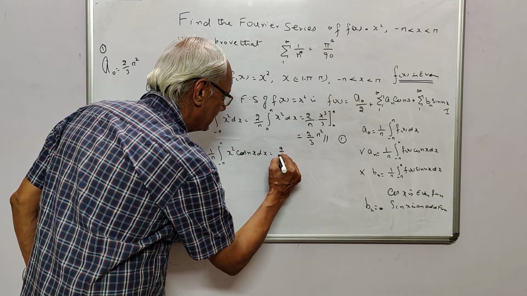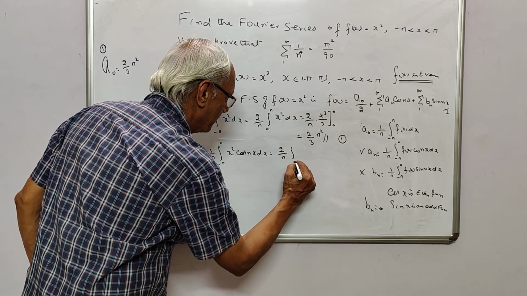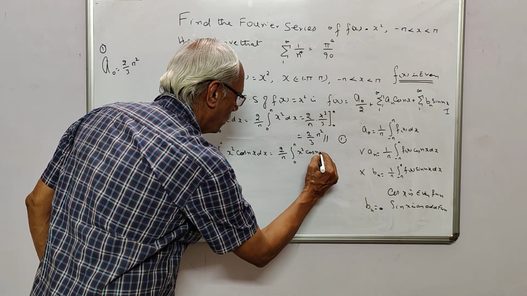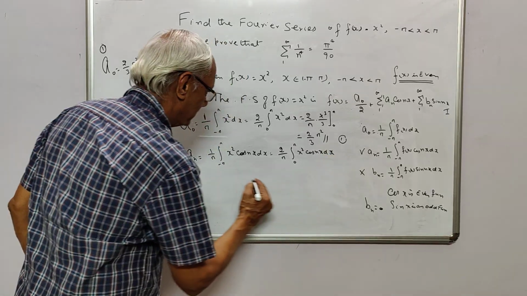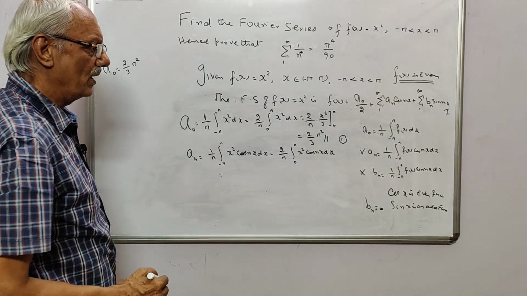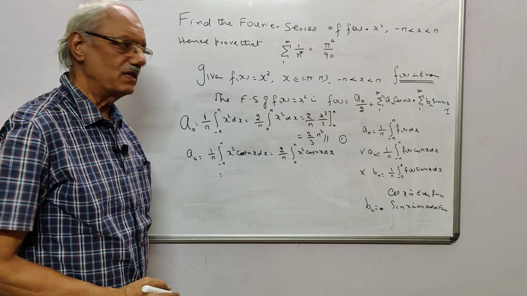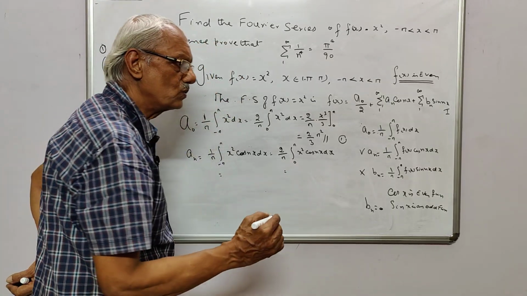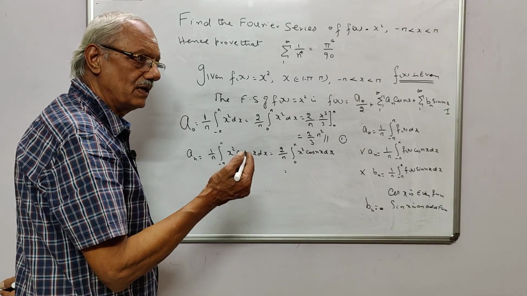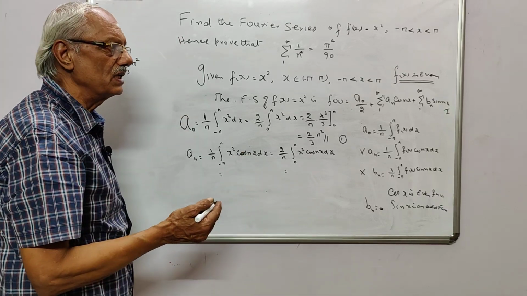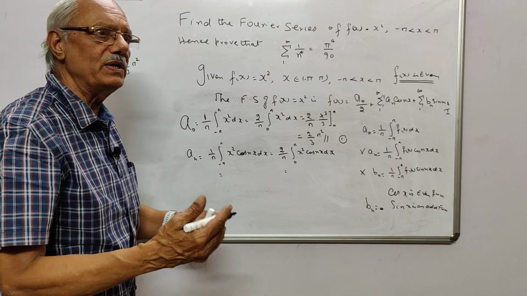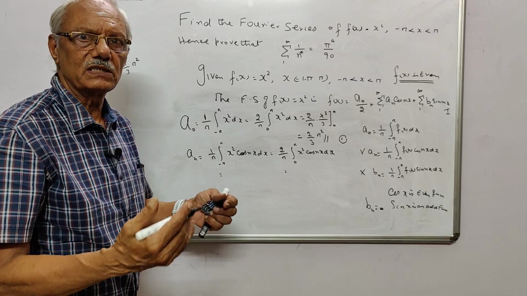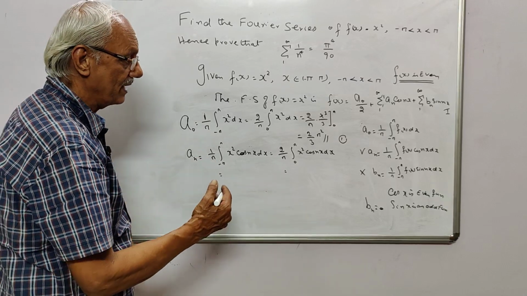Therefore I can write this as 2 by pi, 0 to pi, x squared cos nx dx. Now I apply Bernoulli's method. For the students who are viewing this class for the first time, I will write this in detail so that you will understand better.